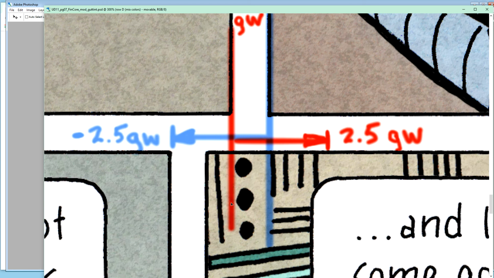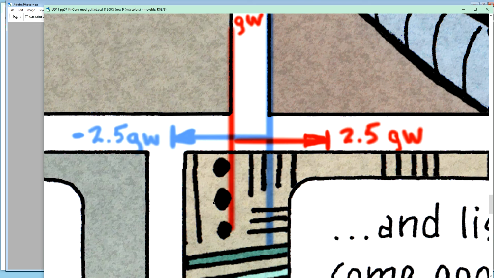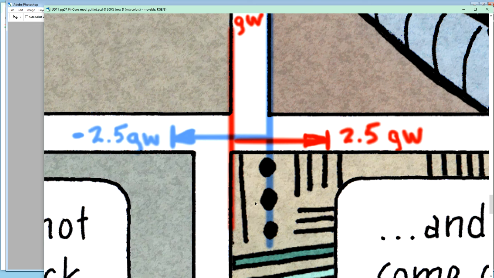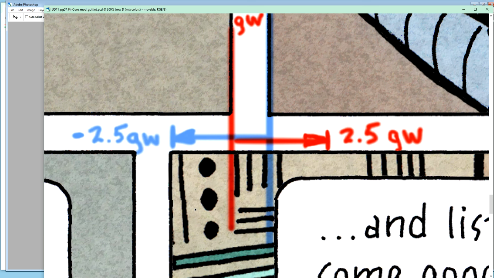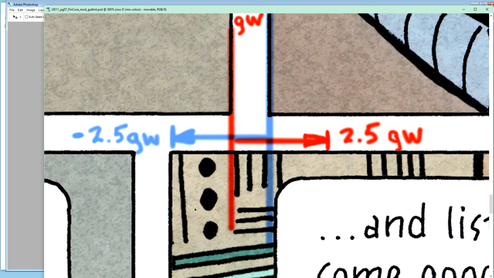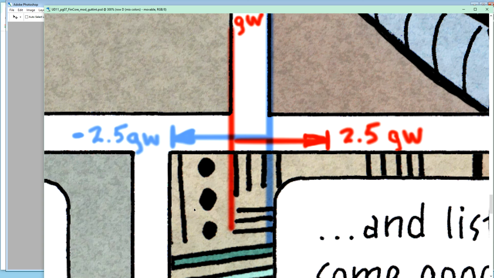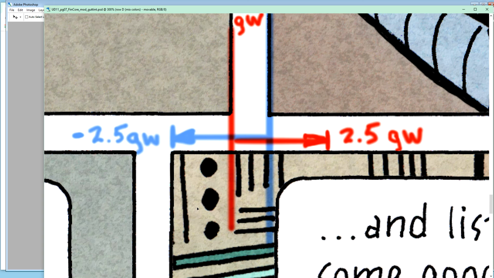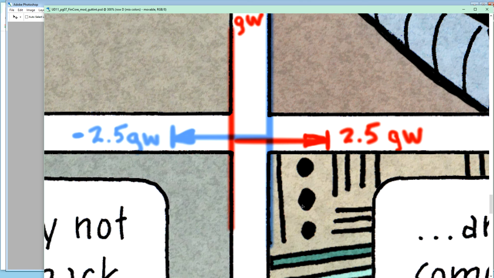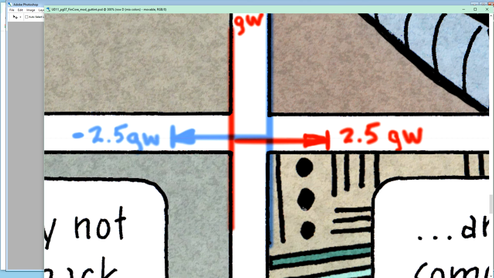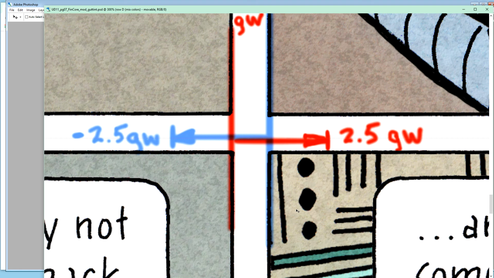And so on until we come over to where we have 1 gutter width there, another one there, and 2.5 there in the negative direction. So we're using the blue line when going to the left, and now we're going to the right. If this is a straight intersection, which it is now, then that's good.